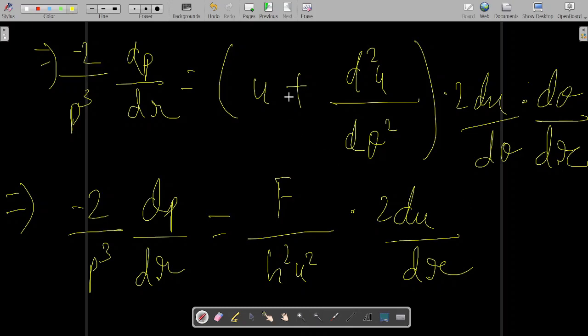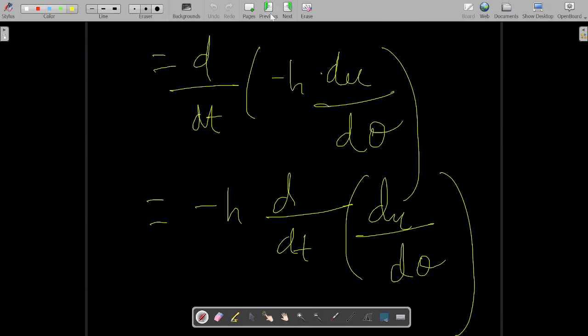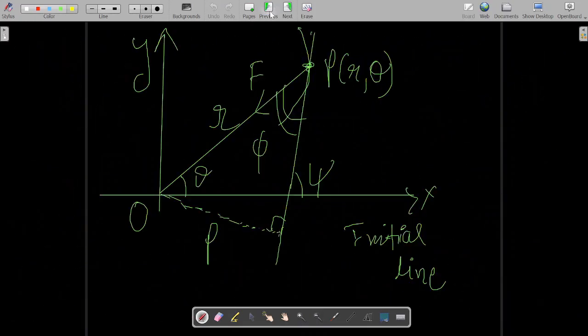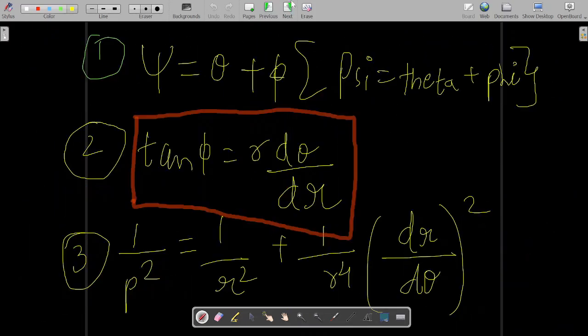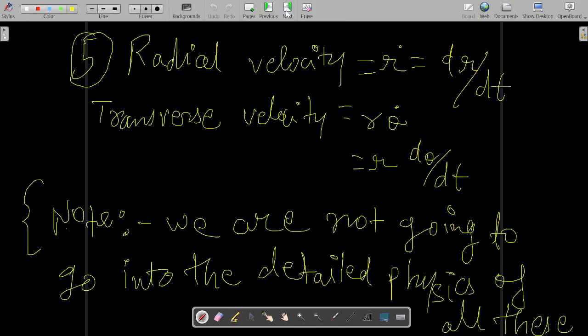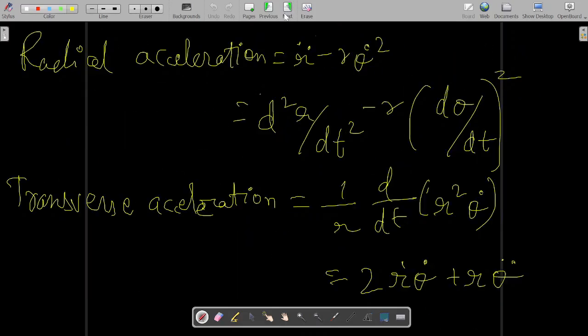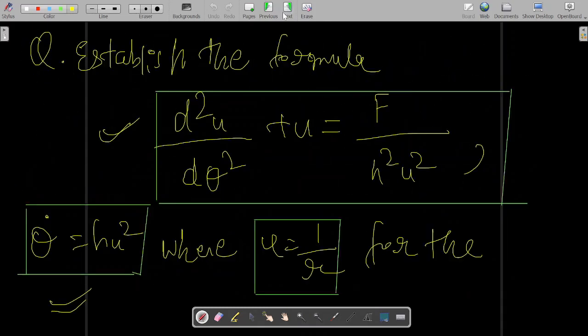From here till here you must be knowing that u plus d2u by d theta 2. Just check back the previous steps where we have written this formula. This is what in polar form, right?